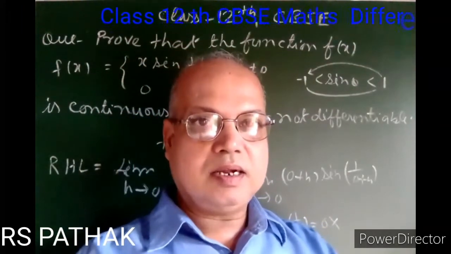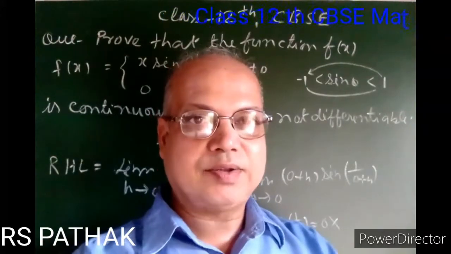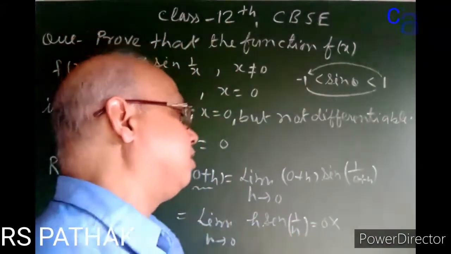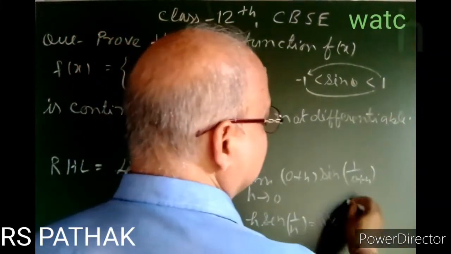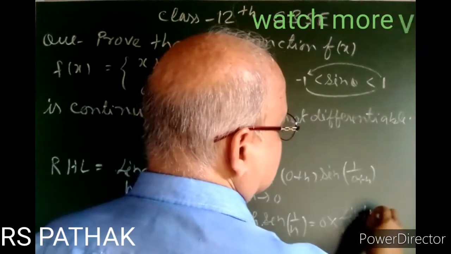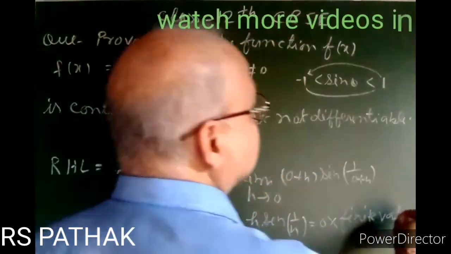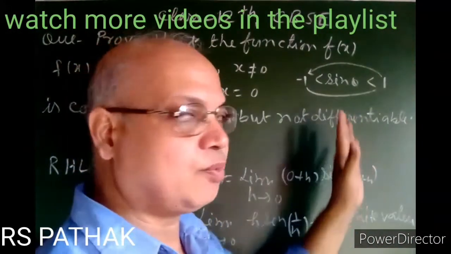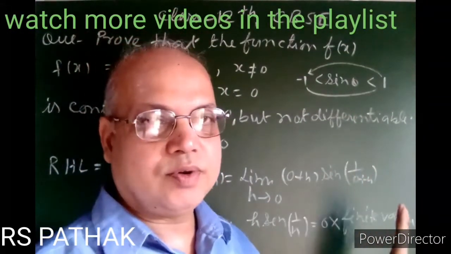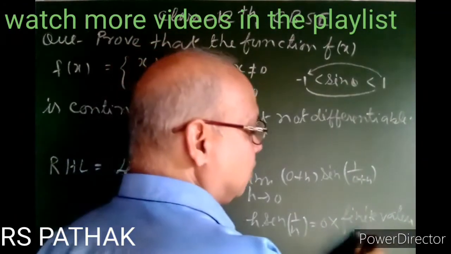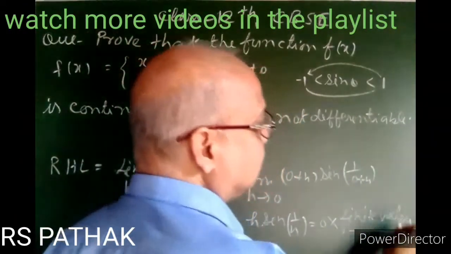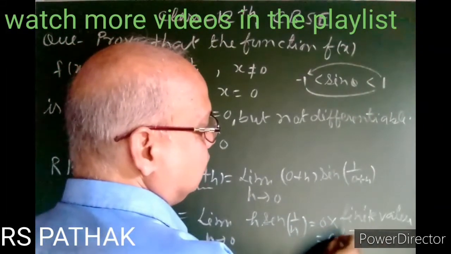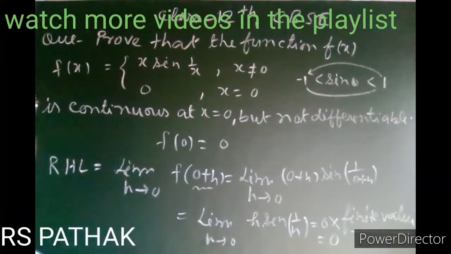It is not fixed, it is an oscillatory function. Therefore, its value will be a finite value. Finite value means it may be anything, minus 1 upon 2, plus 1 upon 2, and so on. Its value is not fixed, but some value will be there. Multiplying 0 by any finite value, that value is 0. Then the right hand limit equals 0.